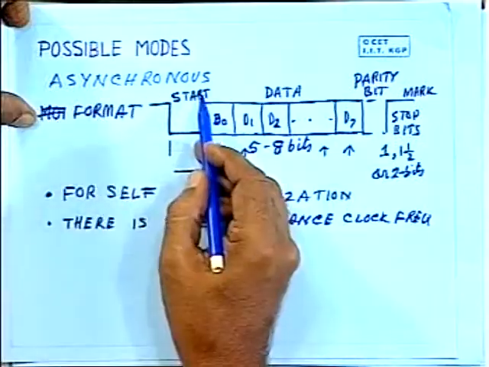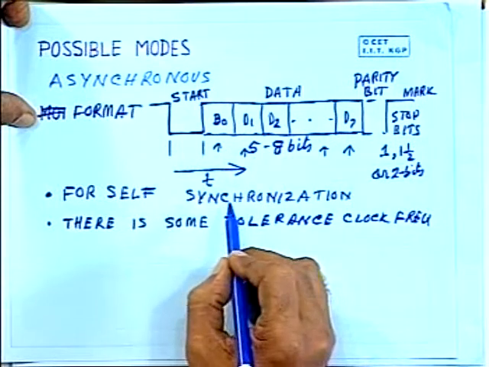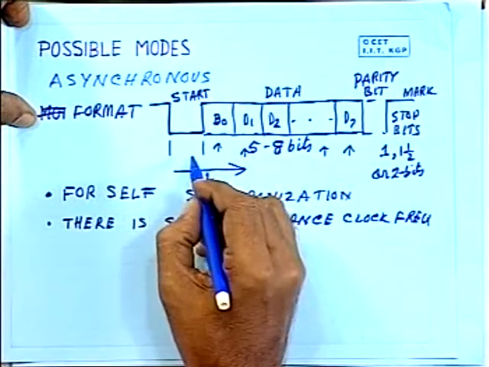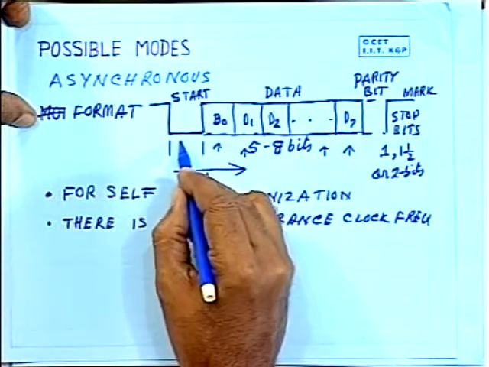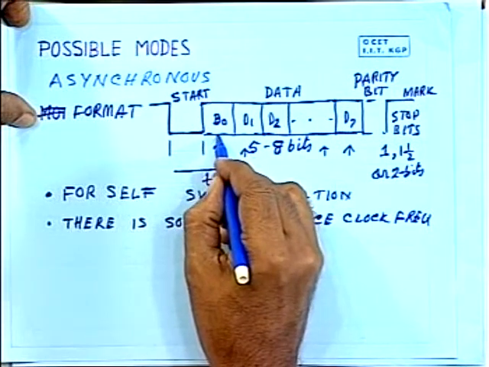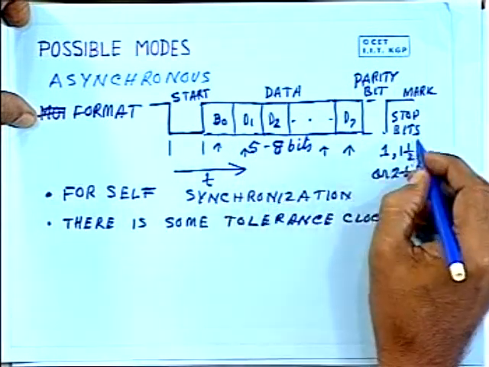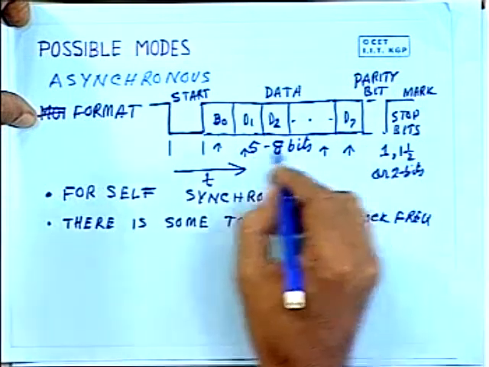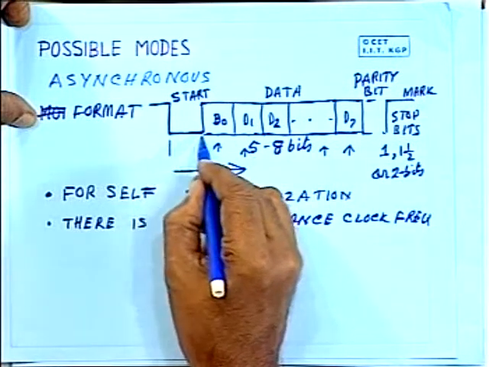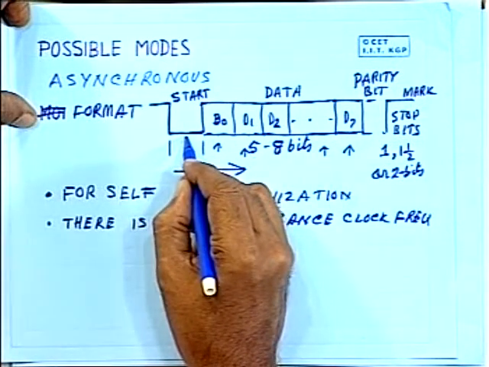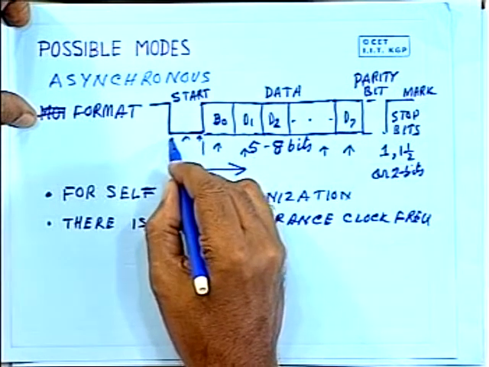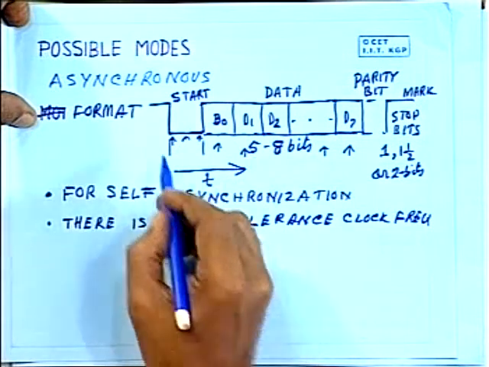Whenever you are using asynchronous mode, even when there is a small difference in frequency, the data transfer will be possible. That means after the synchronization is done by the start bit, you are looking at the middle of each bit. Now, whenever you reach the last bit, even if you are within this 1 bit range, then you will receive correctly. That means instead of sensing here, if you sense it somewhere here or here, you will receive correct data. So, there is some tolerance.